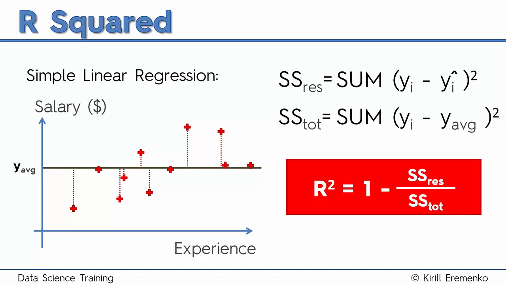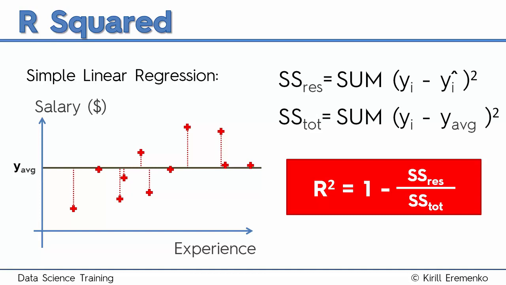And if you look at the formula, you're trying to minimize SS residual, the sum of squares of residuals. So on the right, that part of the formula, as you minimize SS residual, it goes smaller. It always becomes smaller. And that way, SS residual divided by SS total becomes smaller, and 1 minus SS residual divided by SS total becomes greater.